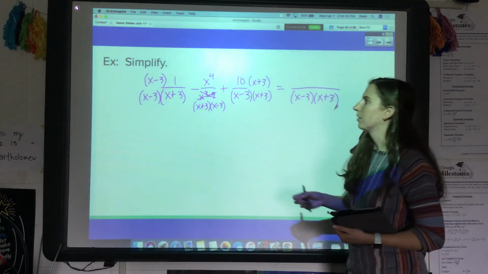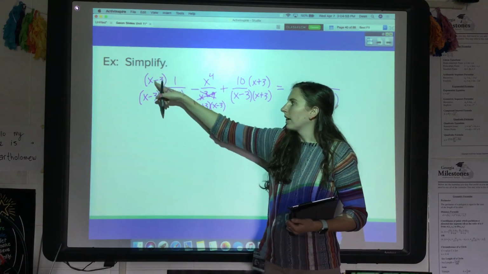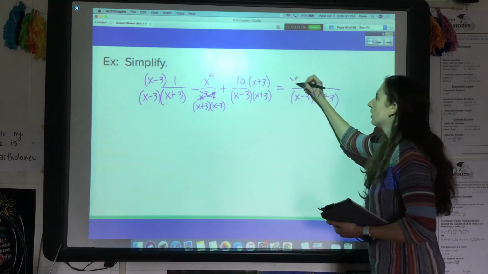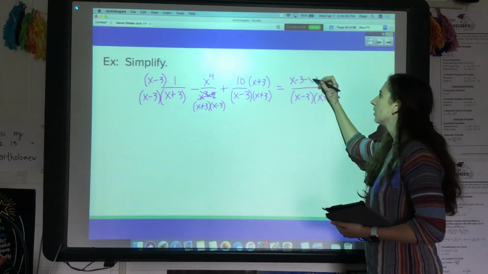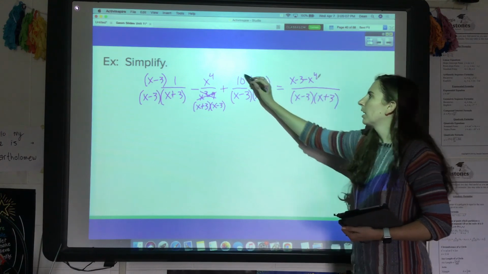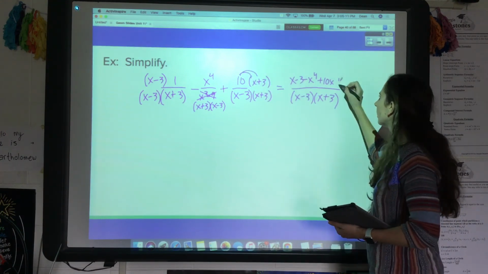Now I just need to add all the top stuff together. So I have x minus 3 times 1, which is just x minus 3, minus x to the 4th, and then plus 10x plus 30.